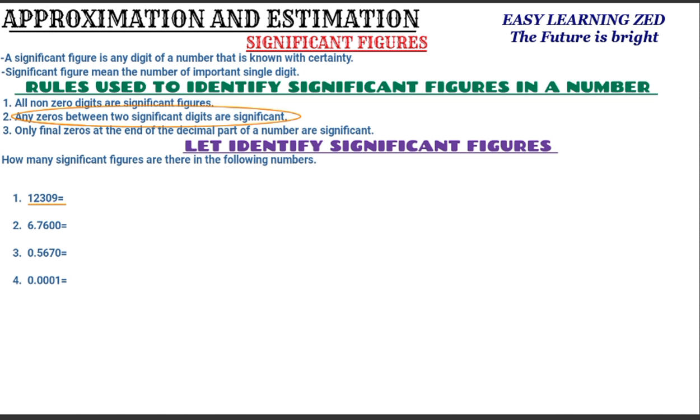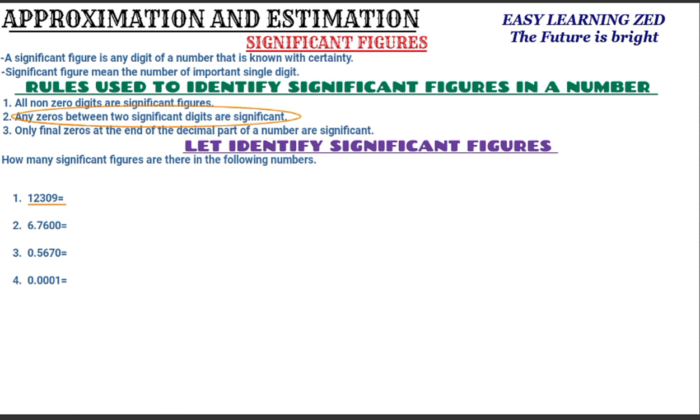There is a 0 in between the 3 and the 9, 309. We are told that any zero in between significant digits is also significant.